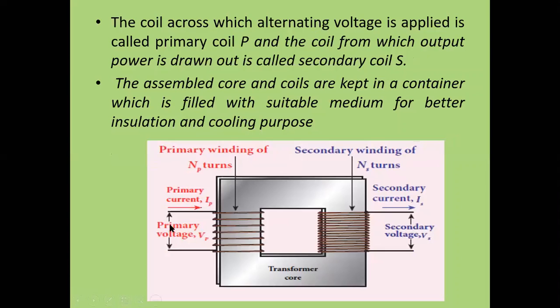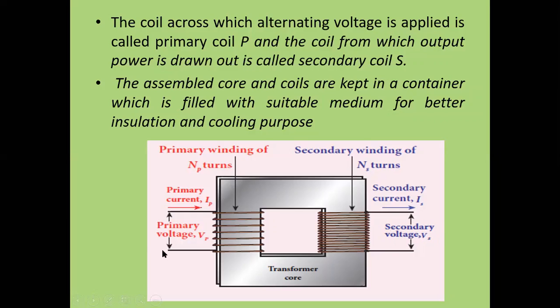Here across one coil, we are applying the alternating voltage. So the coil in which the alternating voltage is applied is called the primary coil. So here we are applying the alternating voltage. So we call this as what? Primary coil. Across the secondary coil, the output will be drawn out.